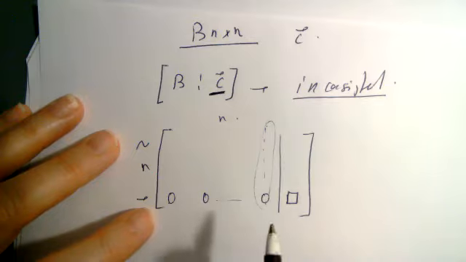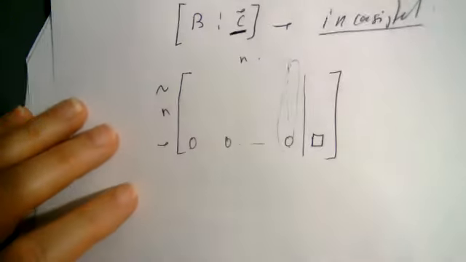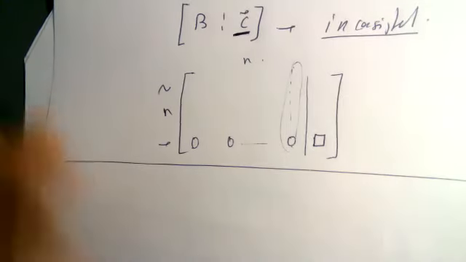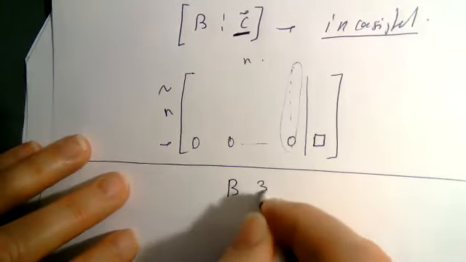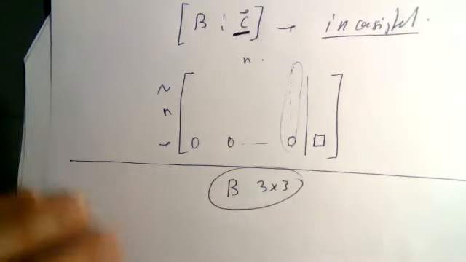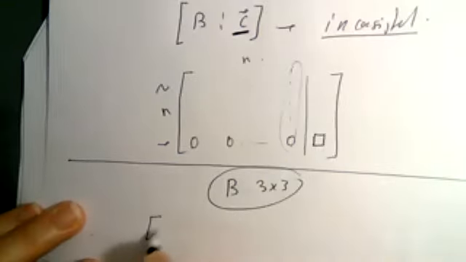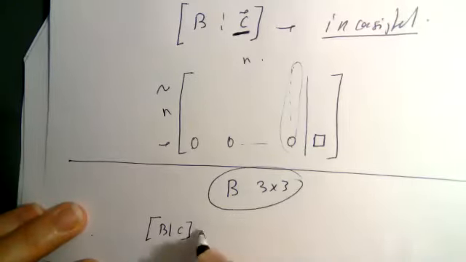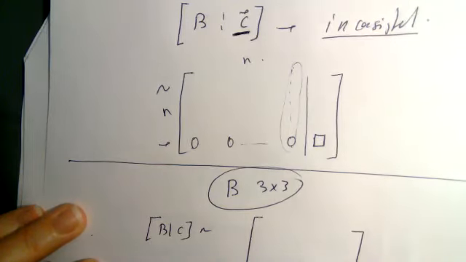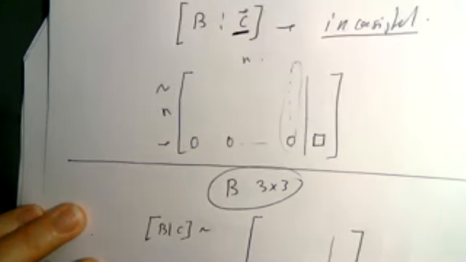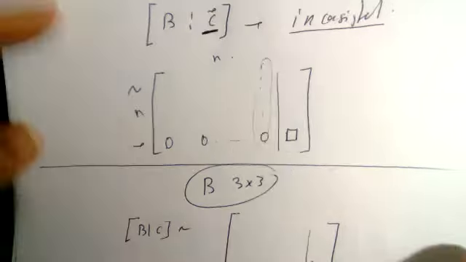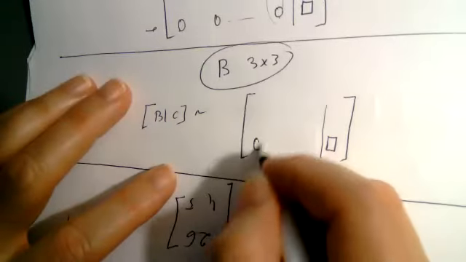So let us draw the picture to make it a little bit simpler for us. Instead of taking n by n, let us assume B is 3 by 3, because this is really easier for us to interact with. So if BC is inconsistent, that's the picture. There is a pivot right here, 0, 0, 0.